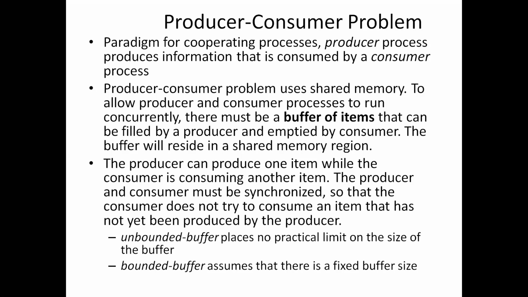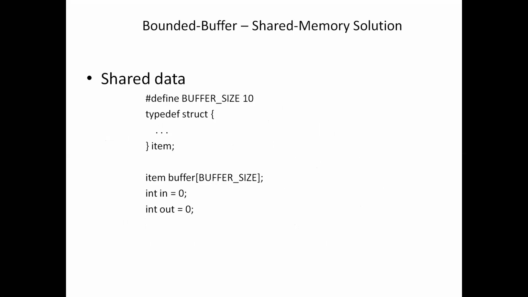In the bounded buffer, the consumer must wait if the buffer is empty, and even in the unbounded buffer, if there are no items in the buffer, the consumer has to wait until the producer produces an item. This is the producer-consumer problem we have discussed, which uses shared memory.